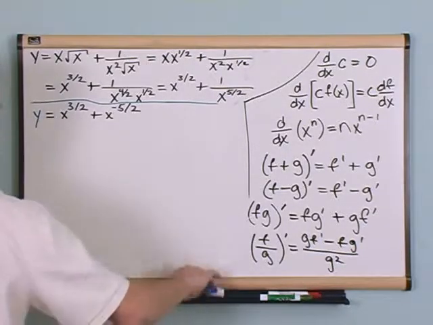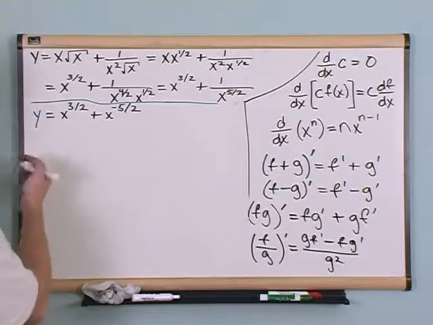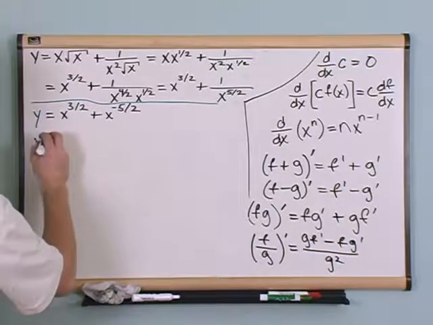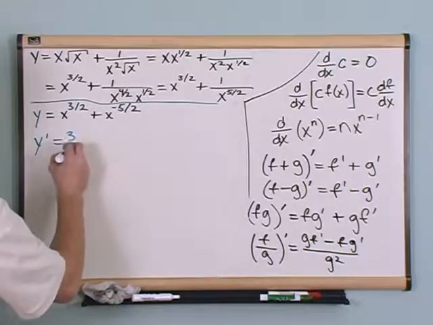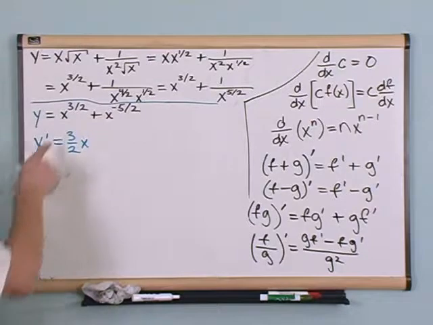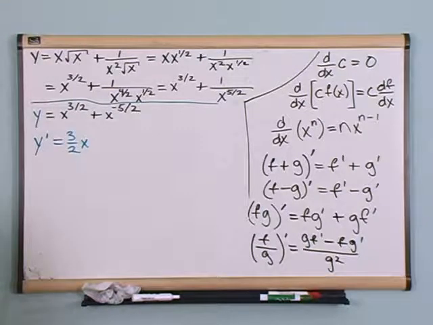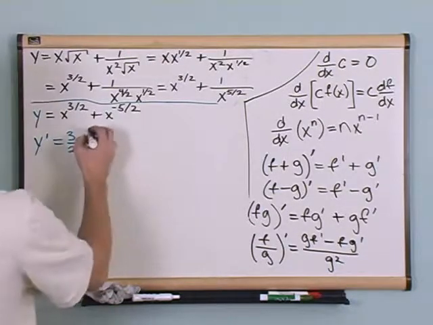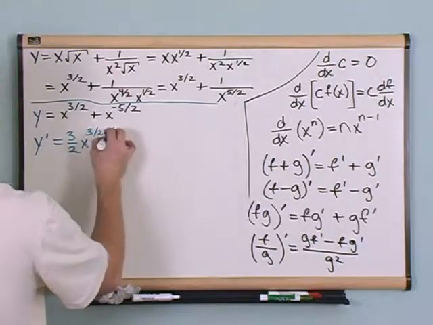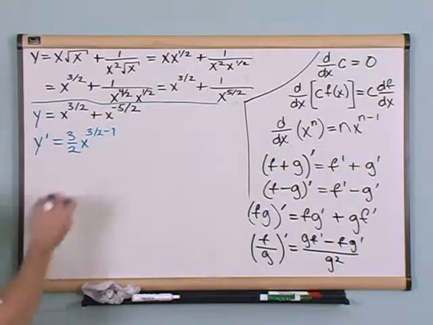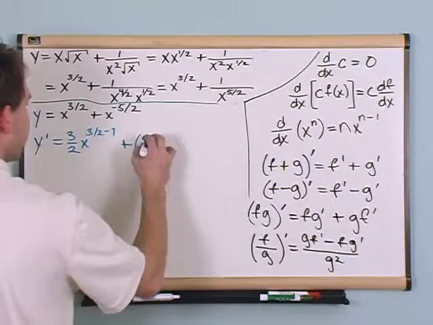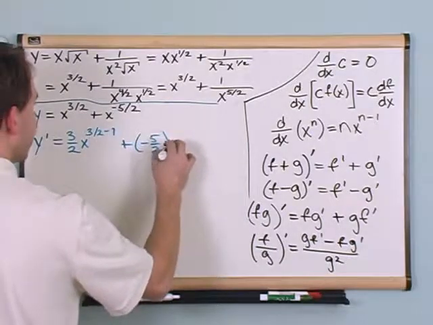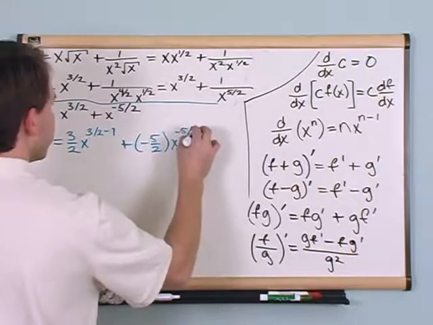So let me go ahead and change colors. The derivative of the function y is 3/2 x to the 3/2 minus 1 plus negative 5/2 x to the negative 5/2 minus 1.